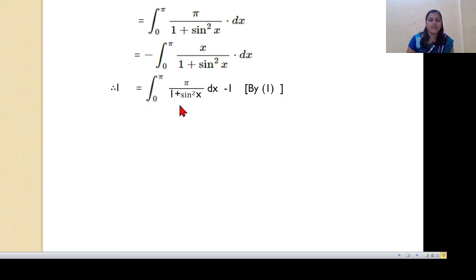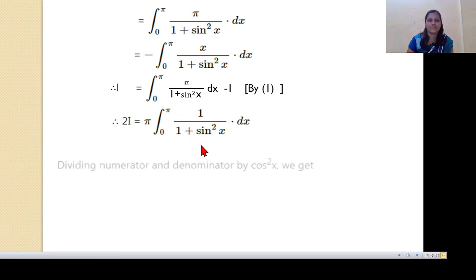So you have this value, which is the value of I. So instead of this, you have written I, and from equation 1, you get this step as I is equal to the integral from 0 to pi of pi upon 1 plus sin square x dx minus I. So by transferring this I to the LHS, you have 2I is equal to, and from this first value, you have taken pi as a constant outside of the integration and the remaining value as it is.